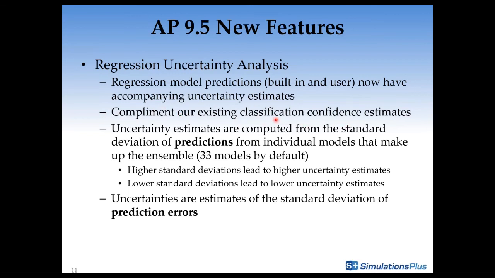The classification models are the yes-no type models, or substrate, non-substrate. So those have had confidence estimates going back, I think, to ADMET Predictor version 7. So with this version, the regression model predictions will also have similar values associated with the predictions.